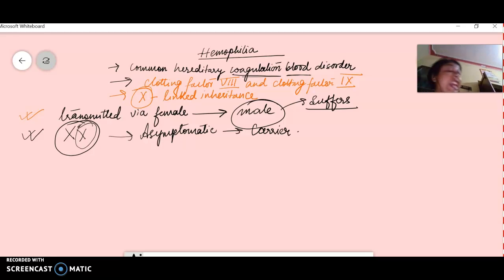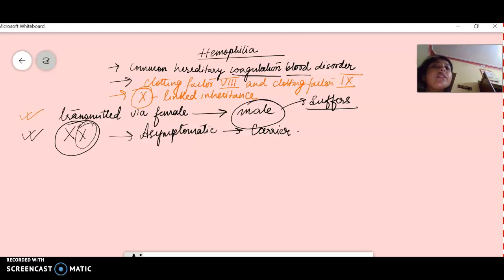People who have hemophilia often have longer bleeding after some sort of contact or injury. People who have severe hemophilia start to have spontaneous bleeding in the joints and muscles all around their body.